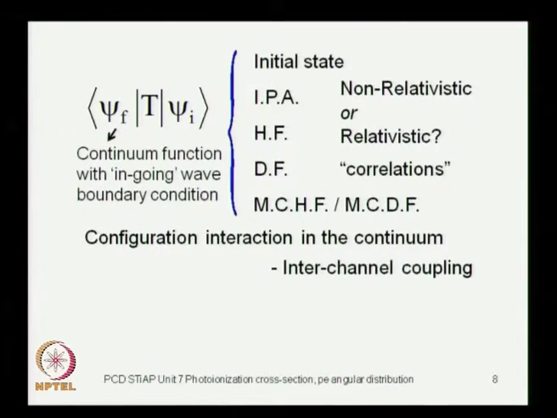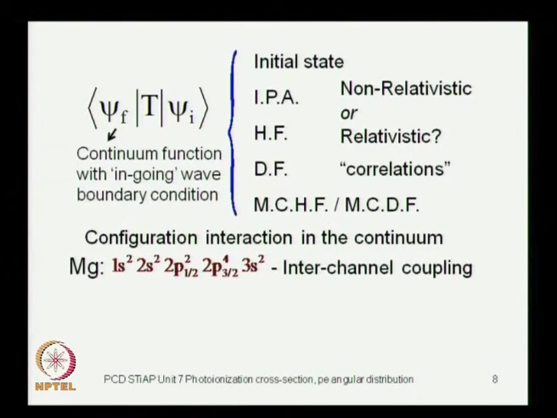You can describe the initial state at a variety of approximations and accuracies, and then you can also take into account the configuration interactions in the continuum. So, that will give you the correlations in the final state as well.